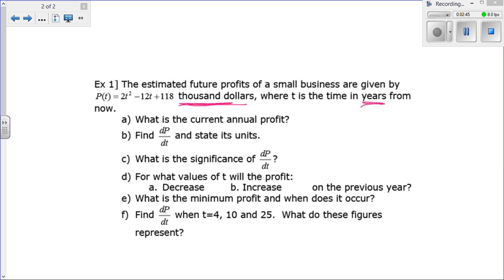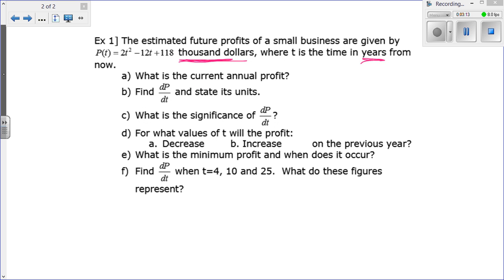Find dP/dt and state its units. What is the significance of dP/dt? For what values of t will the profit A, decrease, B, increase on the previous years? What is the minimum profit and when does it occur? And find dP/dt when t equals 4, when t equals 10, and t equals 25, and what do these figures represent?